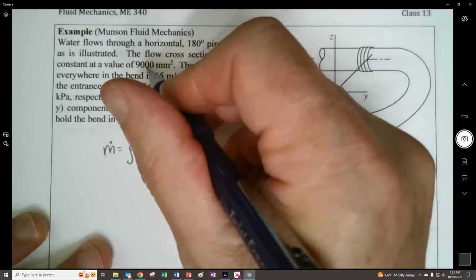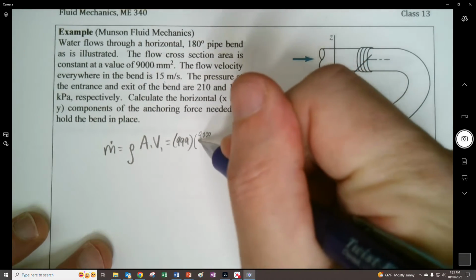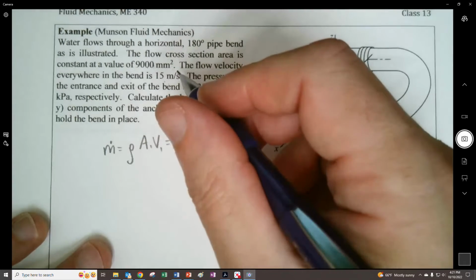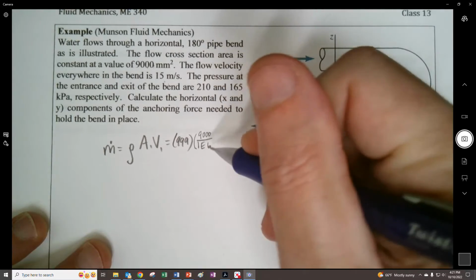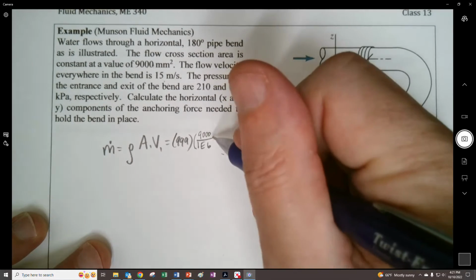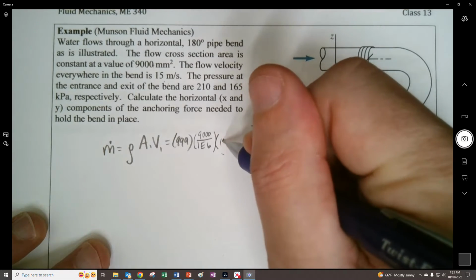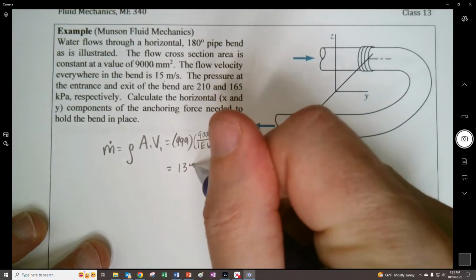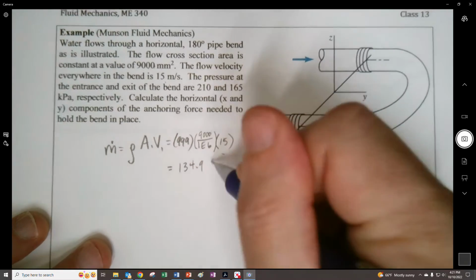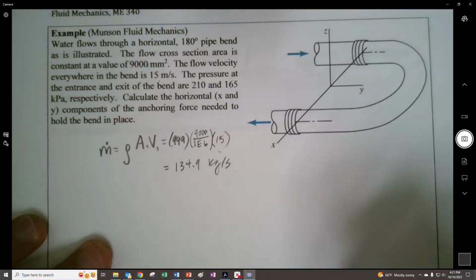They gave us the area as square millimeters, so we divide by 1 million to get it into square meters, because that's 1,000 squared. And then times 15. So what we end up with is 134.9 kilograms per second for a mass flow coming through there.